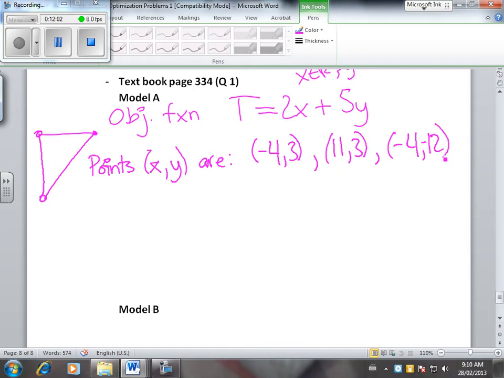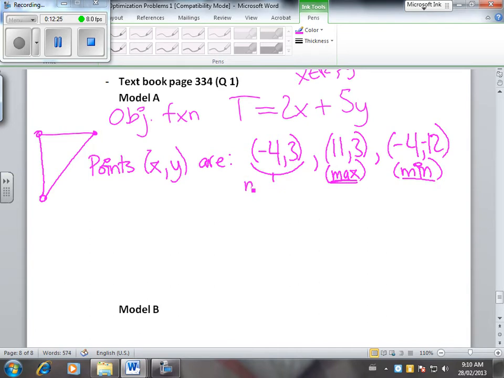Okay, and then we look for our maximum and our minimum. And so here is our maximum, 11, 3, because that's the maximum value, and our minimum value is -4, -12.